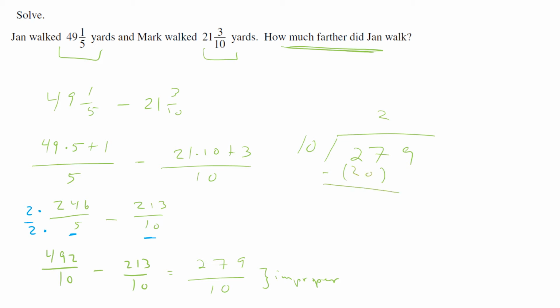It's going to give me 20. 7 is left over, bring down the 9. 10 goes into 79 7 times, multiply back. So we're going to subtract 70, which gives us 9. So the whole number is going to be 27. The remainder becomes our numerator, and the divisor, what we were dividing by, becomes our denominator. So Jan walked 27 and 9/10 yards further than Mark.